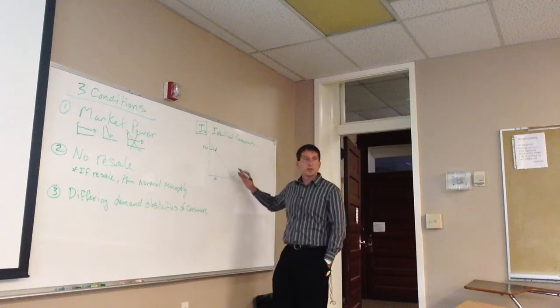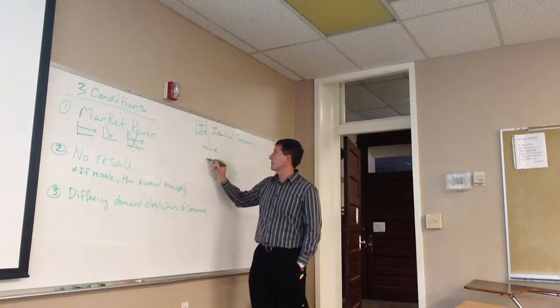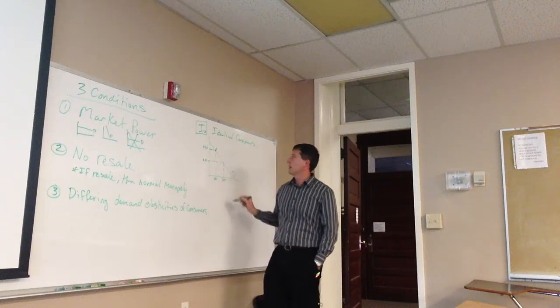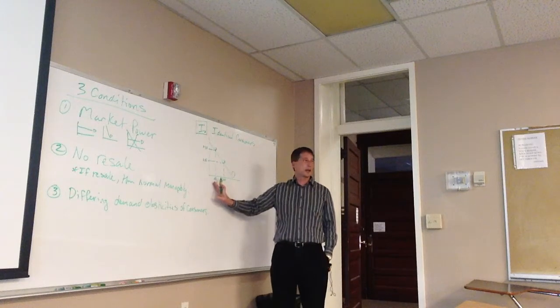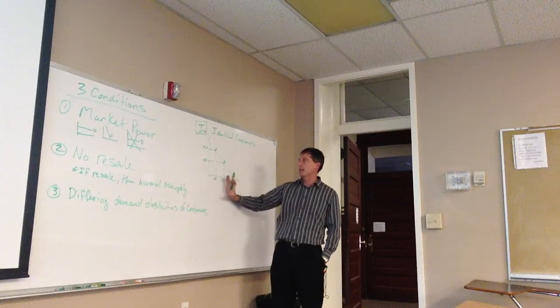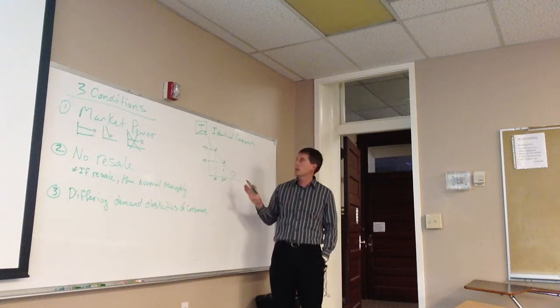But we know from the downward sloping demand curve and our market power that there's other people out there that are willing to pay 15 as long as they get more units. So one consumer could stay out here, one consumer could be out here. All we're trying to do is see if we can get shifted out further to again extract some surplus.